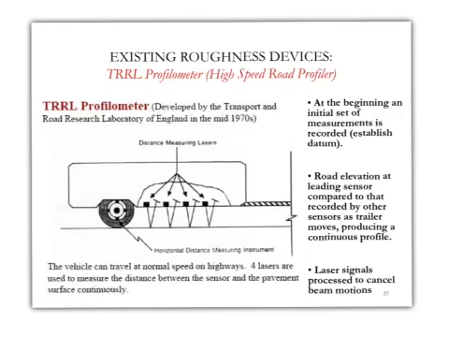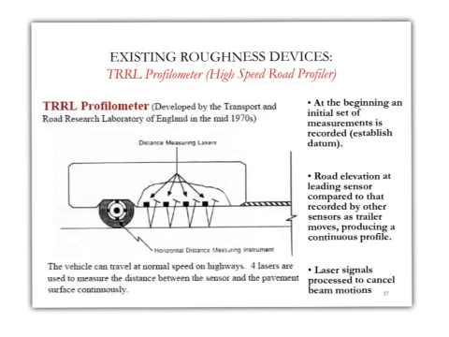So speaking of high-speed road profilers other than the Face Dipstick, we have here the TRRL profilometer. Basically, this machine was developed by the Transport and Road Research Laboratory of England in the mid-1970s.